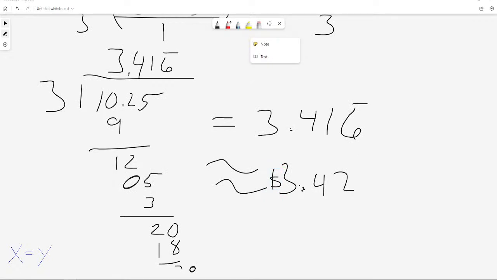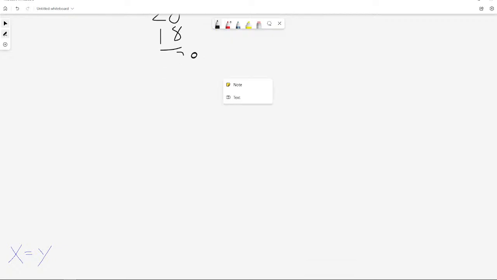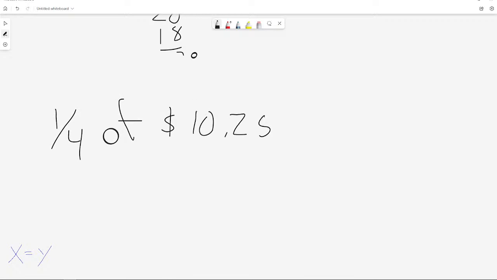Okay, let's do one more. Let's say we want to know what 1/4 of 1025 is. So we have a multiplication problem. Now remember, you don't have to put the 1 there.